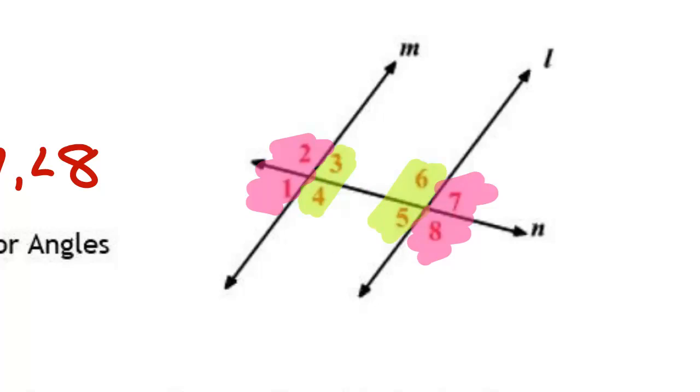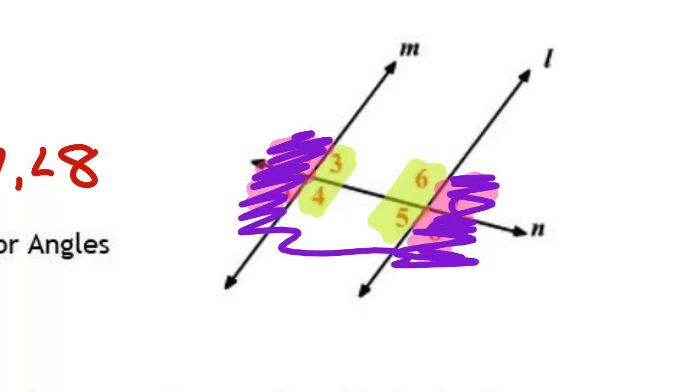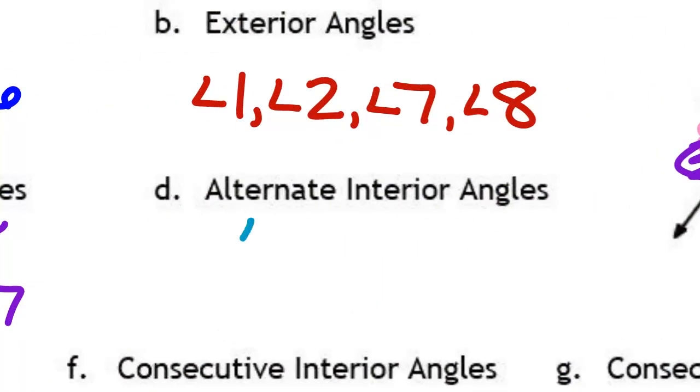How about my alternate interiors? Now I don't care about the exterior angles at all. I'm just looking at my interiors. Which would be the alternate interior angles? Yep, 3 and 5, and then 4 and 6.